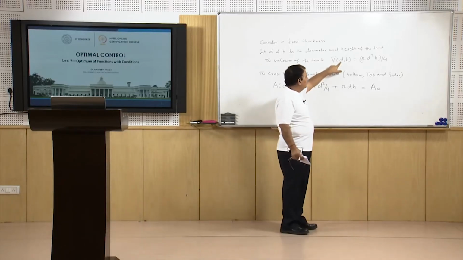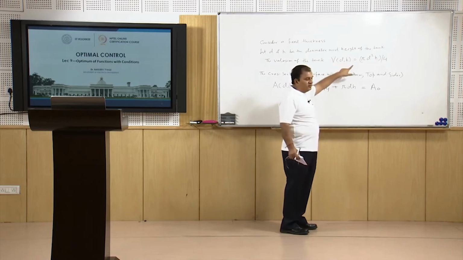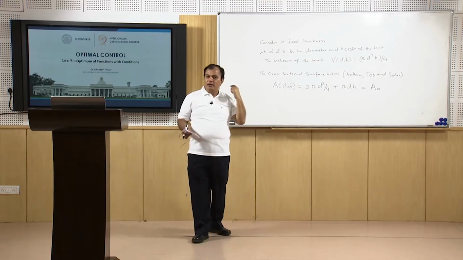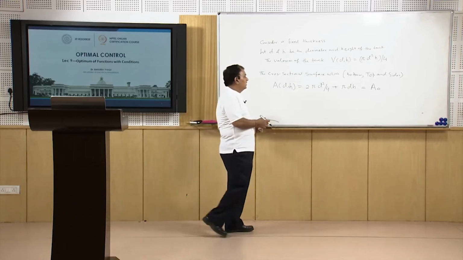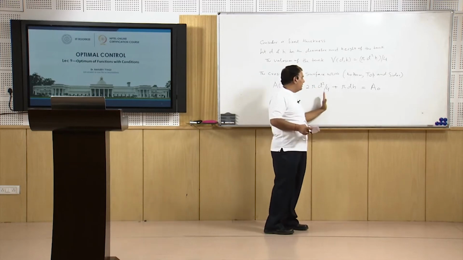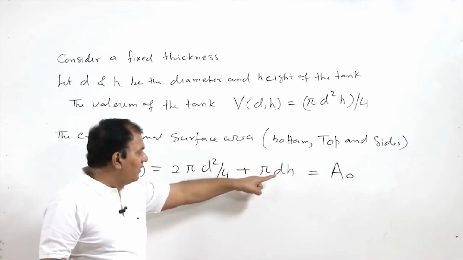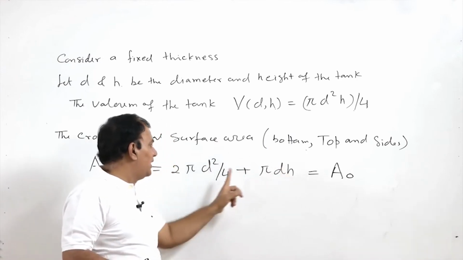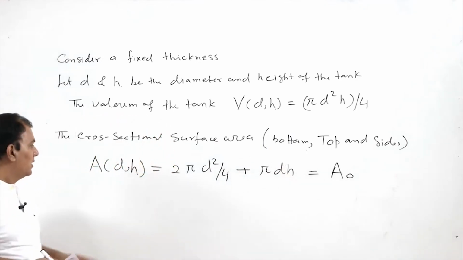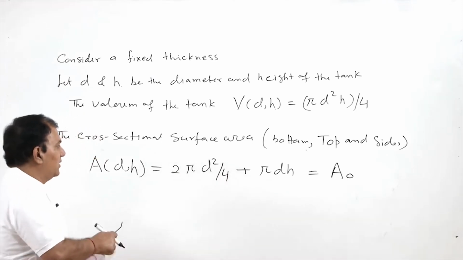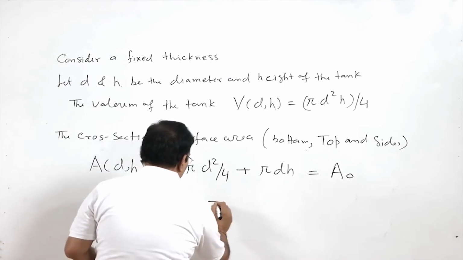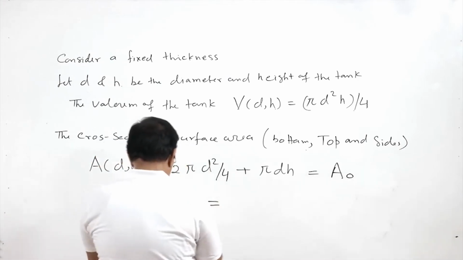V is a function of the 2 variables d and h, because both d and h are dependent variables. So, if I treat one variable as dependent and the other as independent, I can find out the value of one variable in terms of the other. As my surface area is fixed, from this equation I will write my height in terms of the diameter.